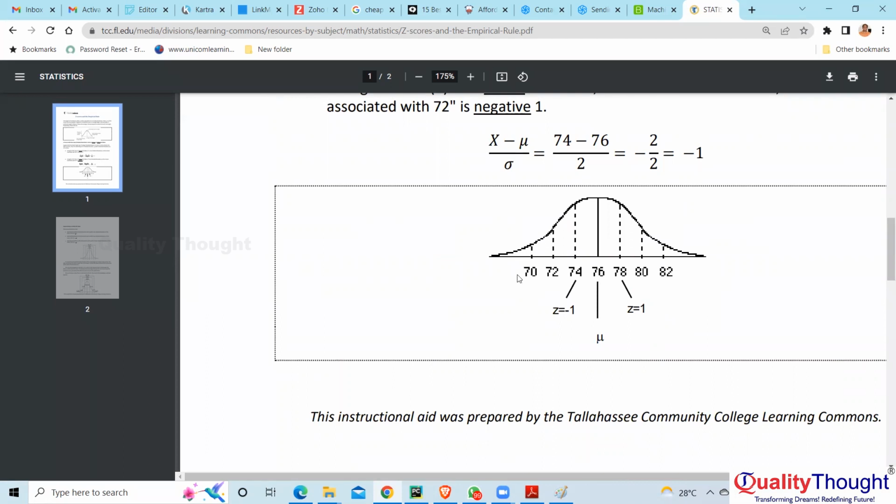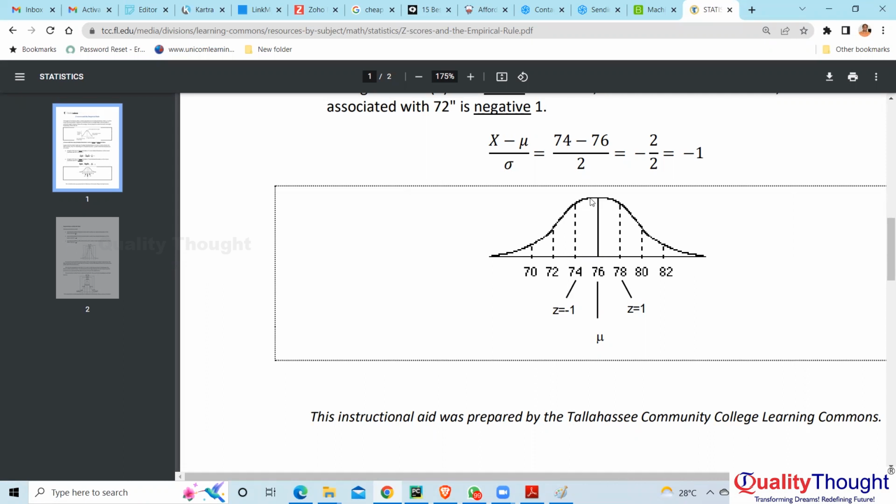In this example, the standard deviation is 2. So on this side 2 and on this side 2, this is called Z1, or what you call 1 sigma. Since we are on the right side, we generally call it +1. Left side we call it -1. Right? So this is your 1 sigma.